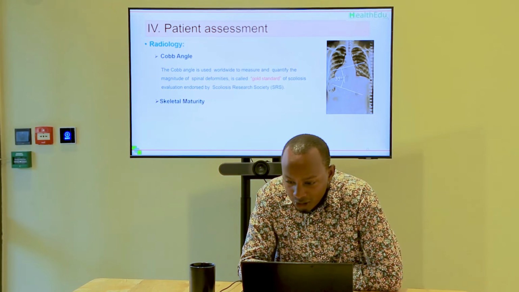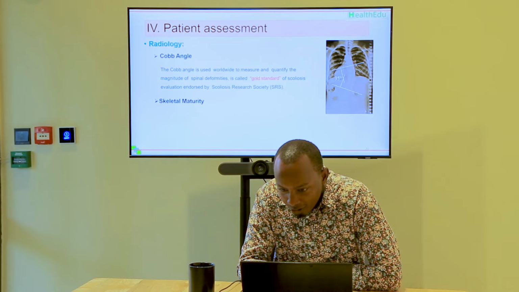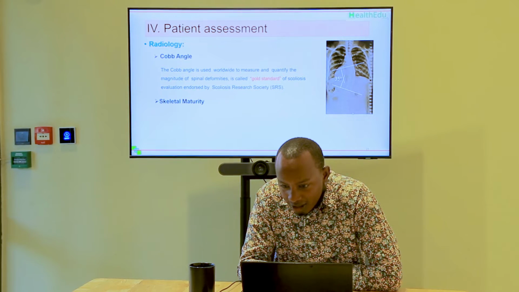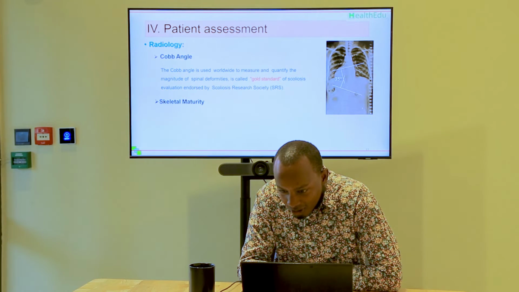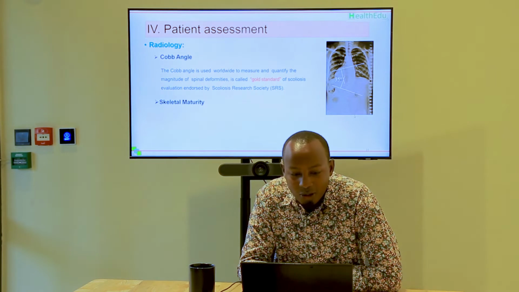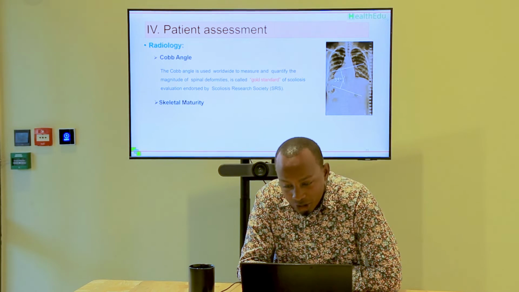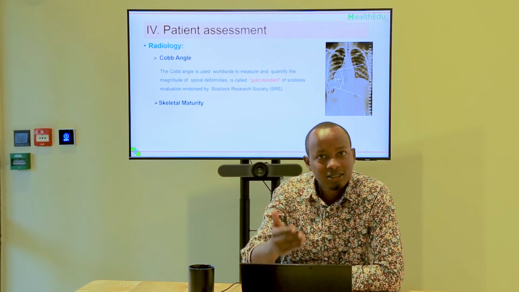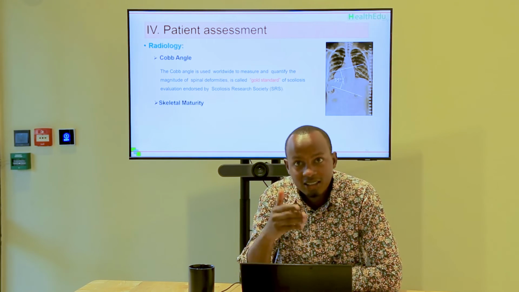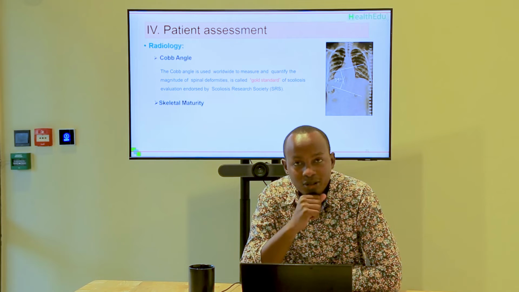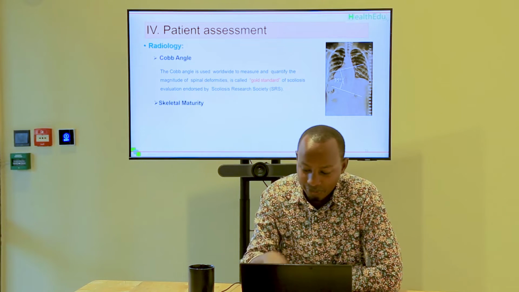Most of the time you can check from the iliac crest. If it is fused fully, we call it Risser sign 4 to 5, but if it's still not, we can have Risser sign 1 or 2. At that time the patient is not mature yet.